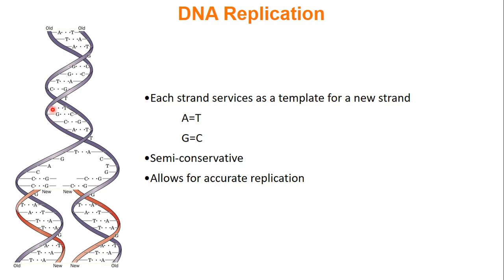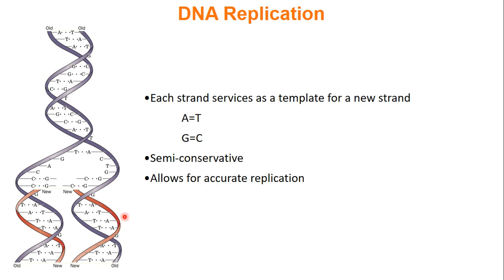We know that A always goes with T and G always goes with C. So if you want to create a new double helix, all you need is one strand of DNA, and you can make a copy by knowing which bases base pair together. DNA copies in what's called a semi-conservative way. That means every new DNA double helix is made out of one original DNA strand and a new strand that is synthesized.